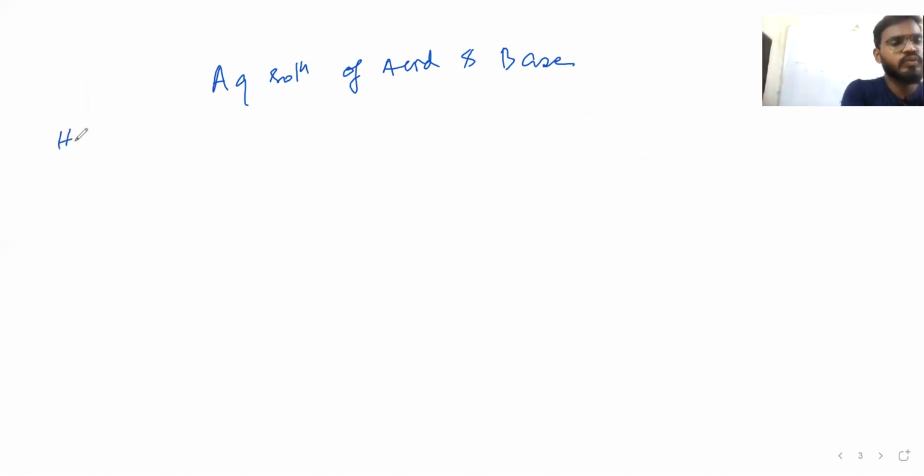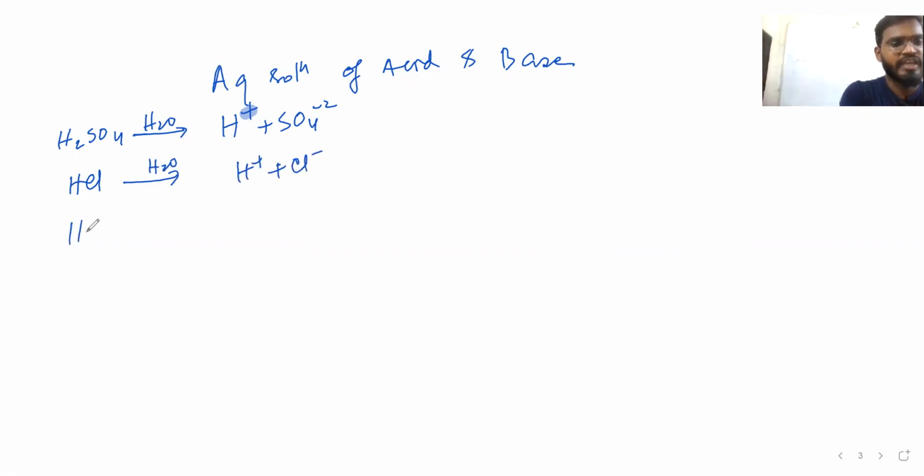So we can say H2SO4, let's take water, then it will split into 2H plus and SO4 2 minus. We can take HCl with water, then H plus and Cl minus.